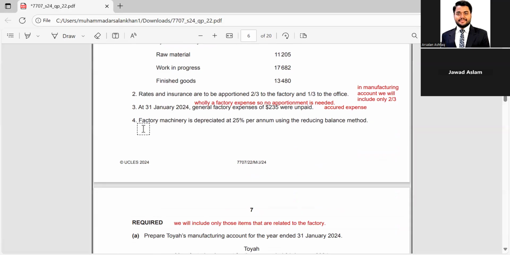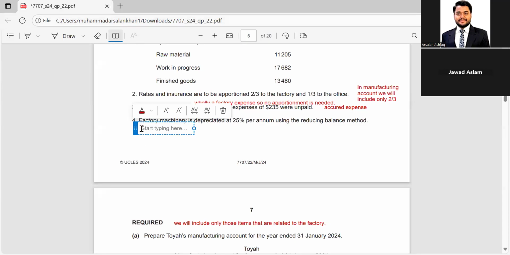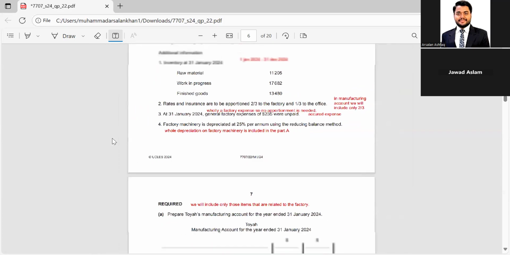So we will say that the whole depreciation on factory machinery is included in the part A, because it is a machinery which is used in the factory.